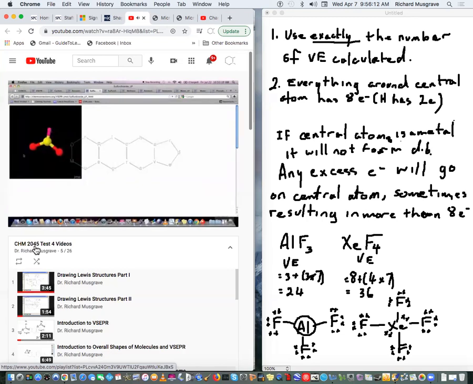So the overall shape of this, if we include the lone pair, is going to be called trigonal. However, if we decide we're not going to show the lone pair, this is what we end up with. And the shape of this, not surprisingly, is called bent. The other way of naming this is angular. Now, it's not like we've removed the lone pair. It's just that I'm not showing it in the diagram.